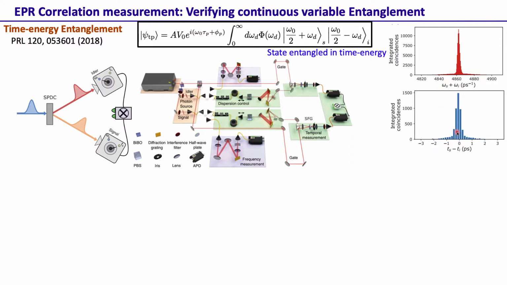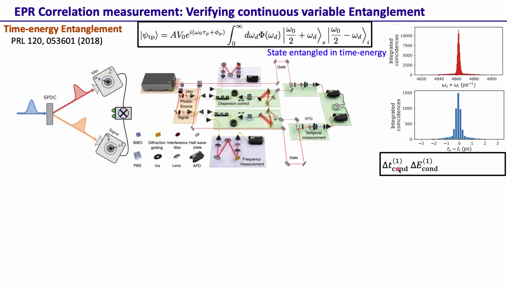Similarly, we can also do an experiment where the arrival time of the idler photon is known, and then for that given arrival time, what is the time range over which the signal photon can arrive, and that is the probability for that.